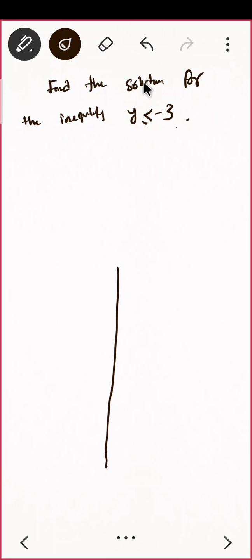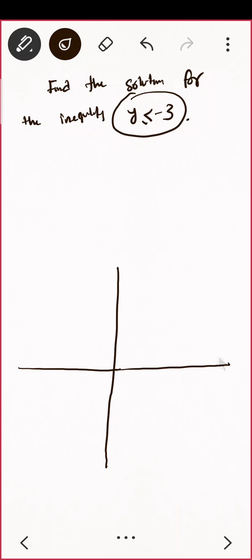Can you draw this region? Y is less than equal to minus 3. Can you draw this? What will you do? Forget about inequality. Just put y equal to minus 3. You'll get a straight line. Do you agree?